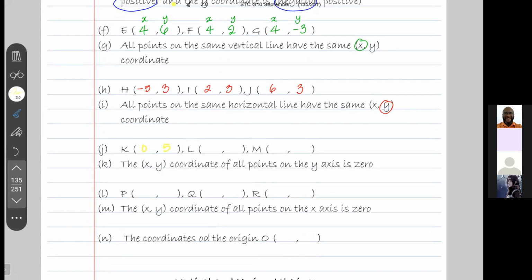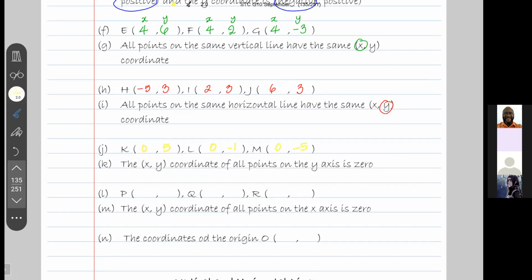Joanna, L, 0 and -1. Janelle, M, 0, -5. Very good.